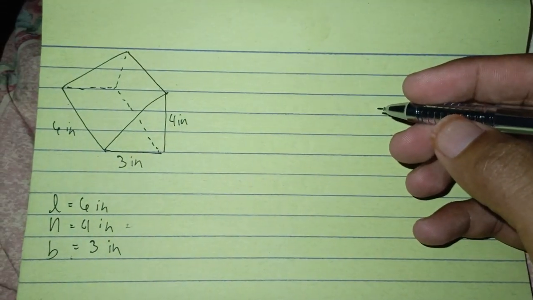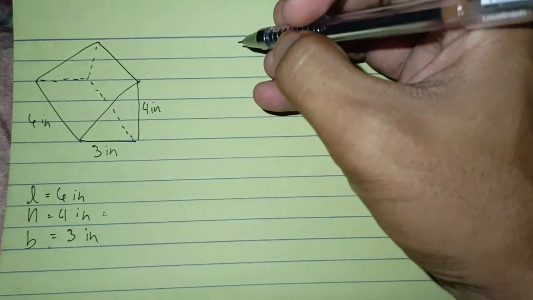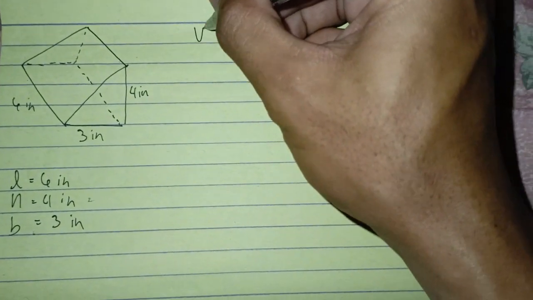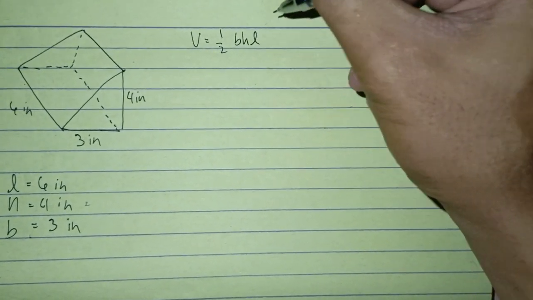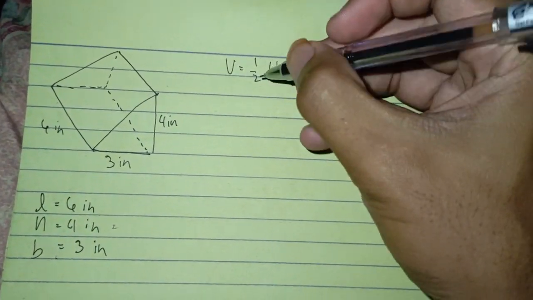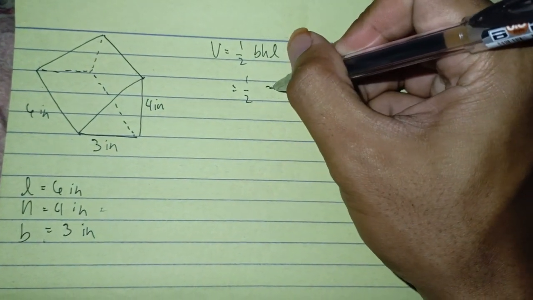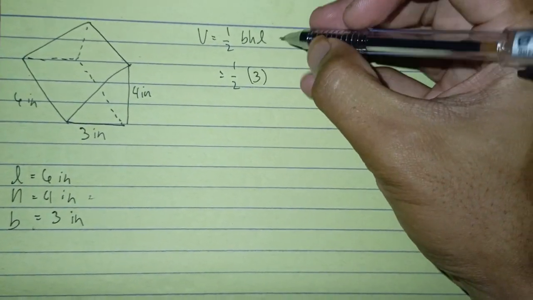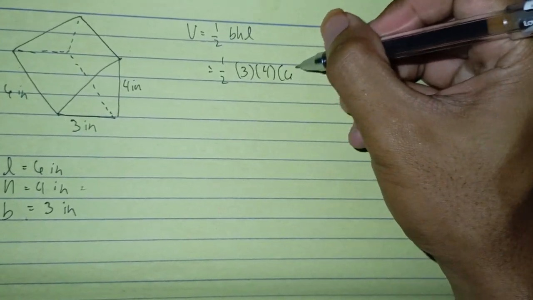So now let's solve for the volume. The formula for the volume is 1/2 base times height times length. So 1/2, our base is 3, our height is 4, our length is 6 inches.